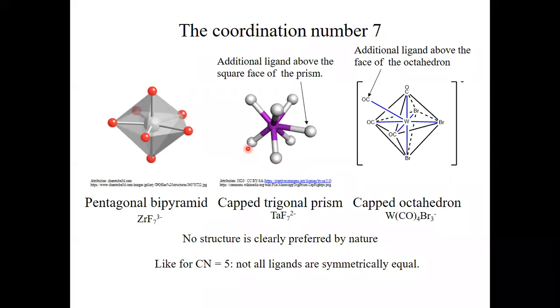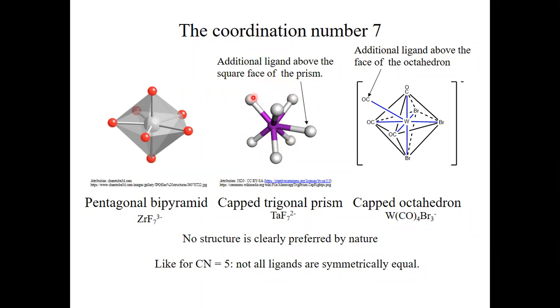So the second shape associated with the coordination number is the so-called capped trigonal prism. So an example for that is the heptafluorotantalate 2-. And you see the structure here. So you see that these 3 fluoroligands here, they make a prism.